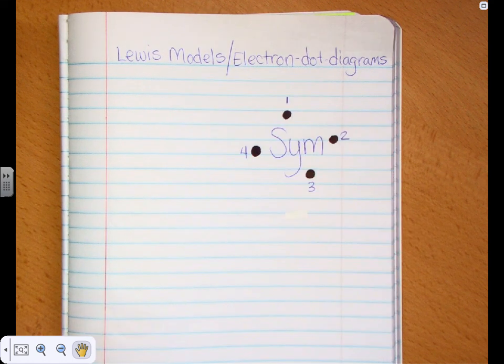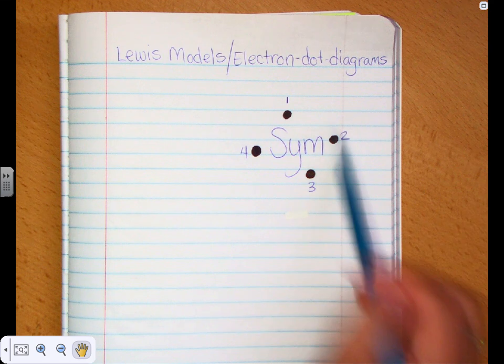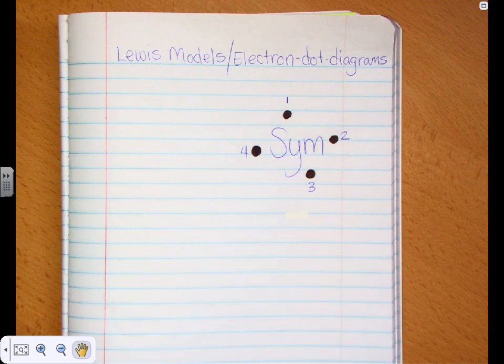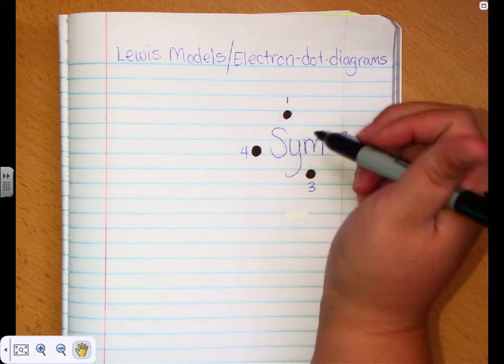Are you with me so far? If you had 4, this is how it would look. Okay, where do you think 5 would go?